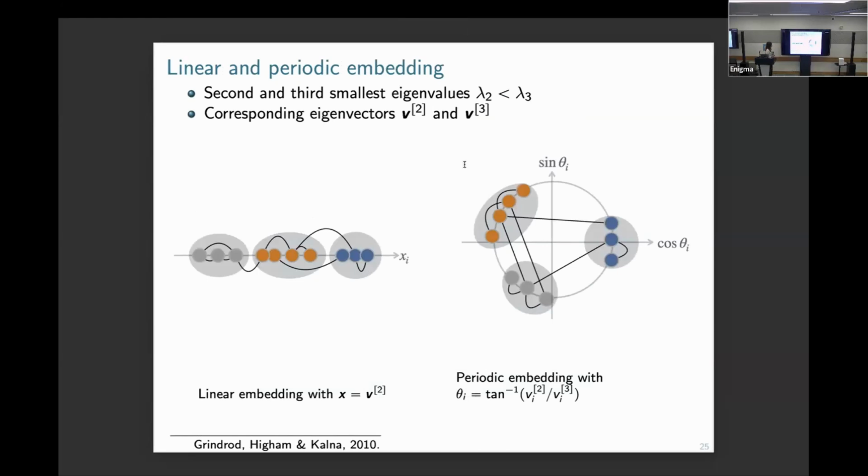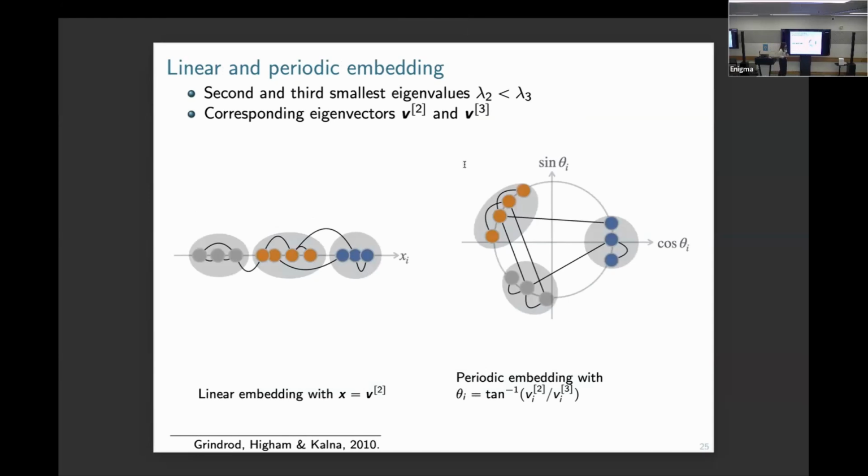Right. So we could also have a linear and a periodic version in a similar flavor. In the linear version, we embed the nodes using the Fiedler vector of this hypergraph Laplacian.